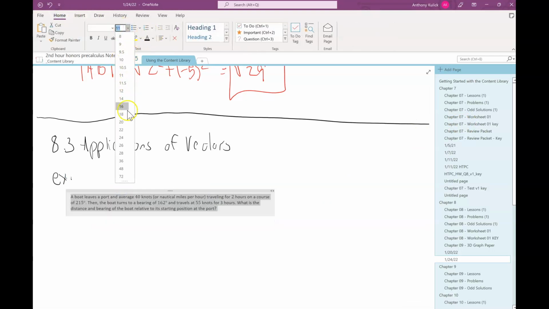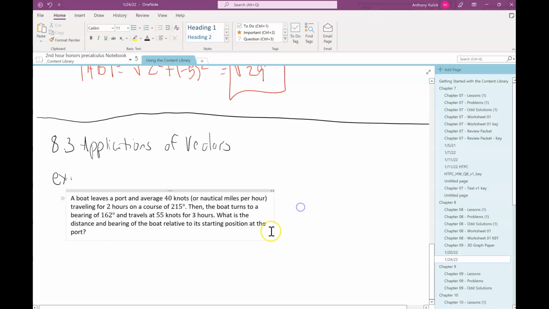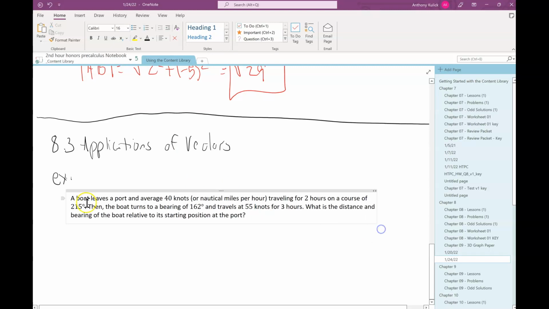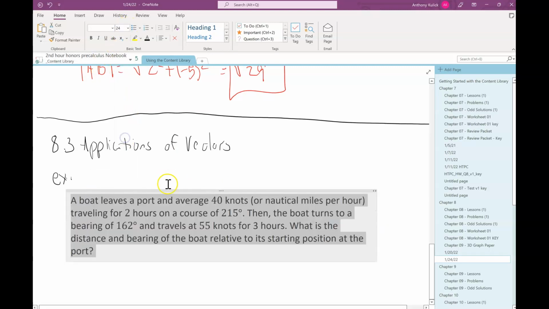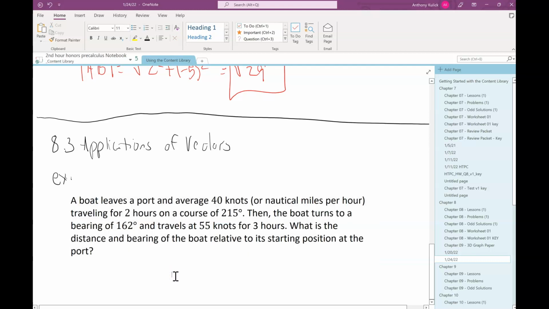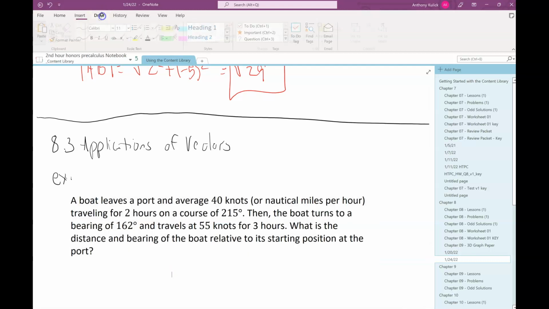So we'll start with a very familiar sounding problem.